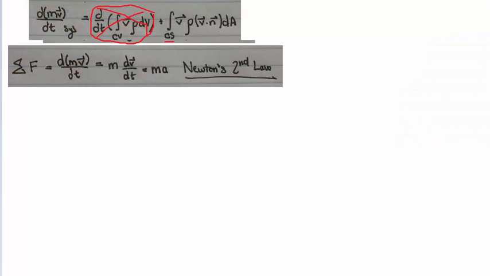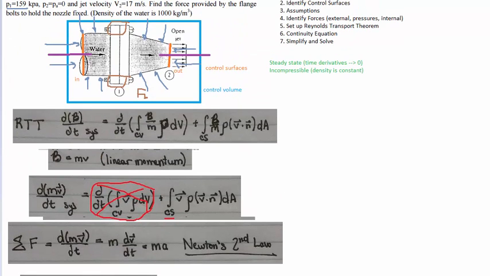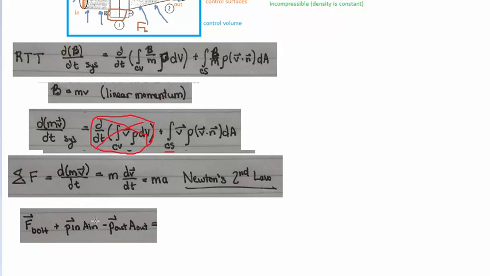We're going to have the forces on the left-hand side by using Newton's second law, and that, again, is going to be the pressure on the left, the pressure on the right, and the internal force of the bolts. What you need to be a little bit careful about is the sign convention over here. So you'll see that the inward pressure is positive and the outward pressure is negative.